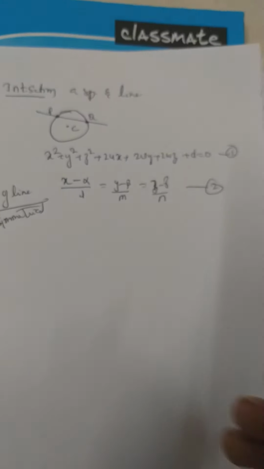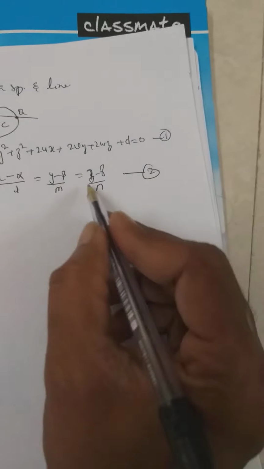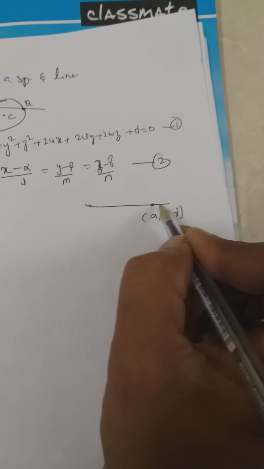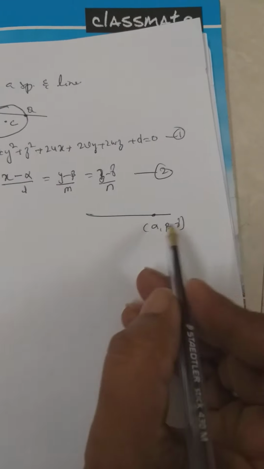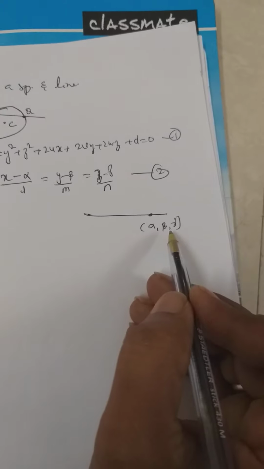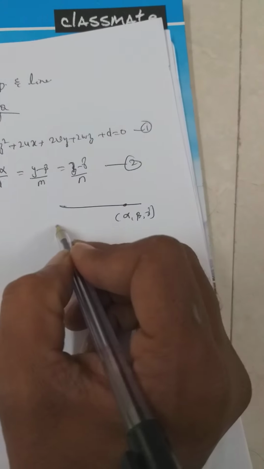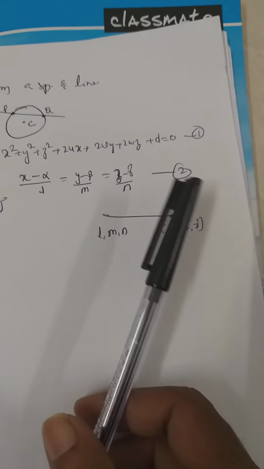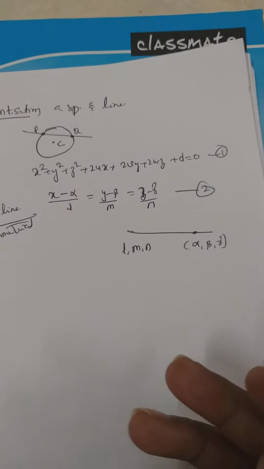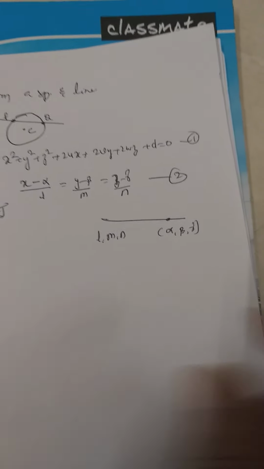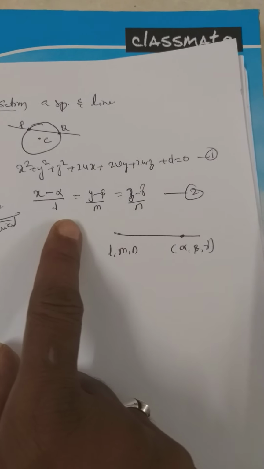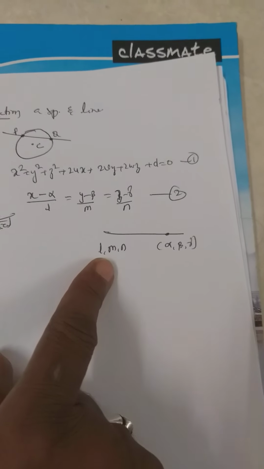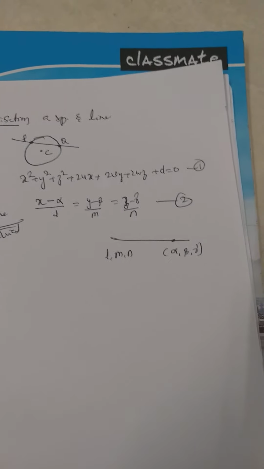Symmetrical form means this line is passing through a point alpha, beta, gamma and having direction ratios L, M, N. You can say direction cosines or direction ratios unless mentioned.